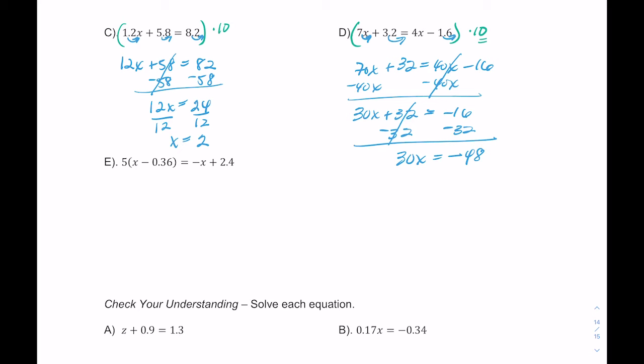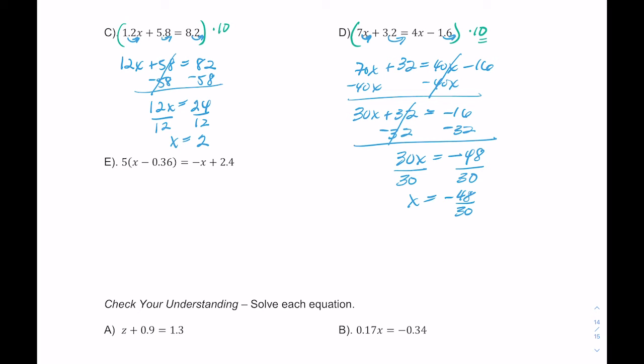And remember, you're not finished because it's 30x, and we need to get rid of that 30. So we're going to do the inverse. We're multiplying 30 times x. So the inverse of multiplying is dividing. So you get x equals, you could write your answer as negative 48 over 30, and then just reduce that if you wanted.